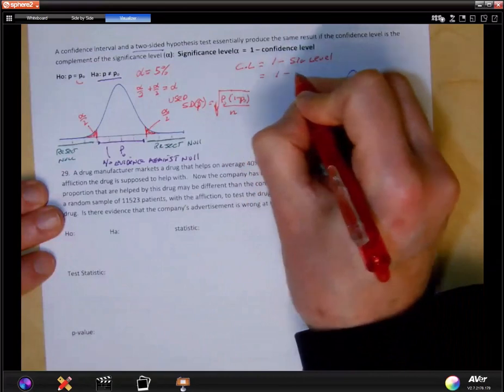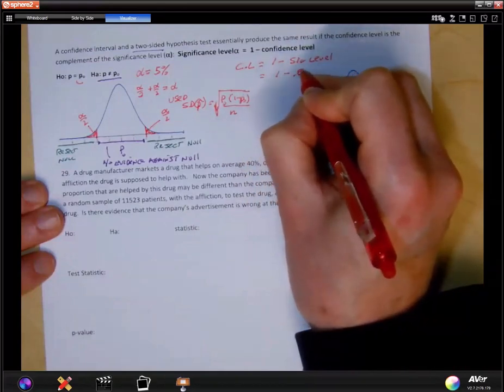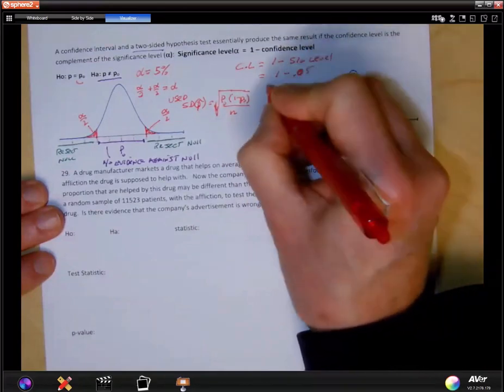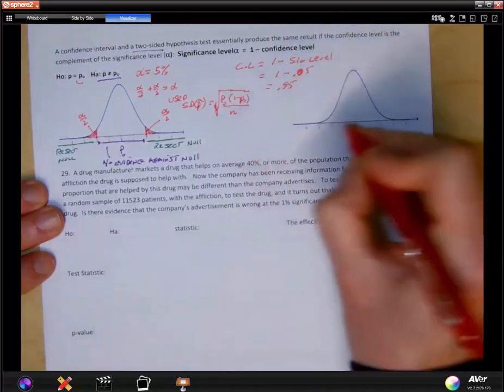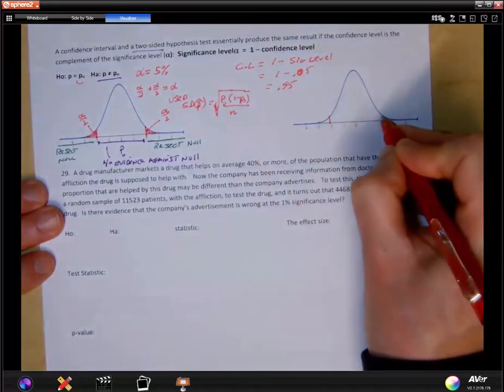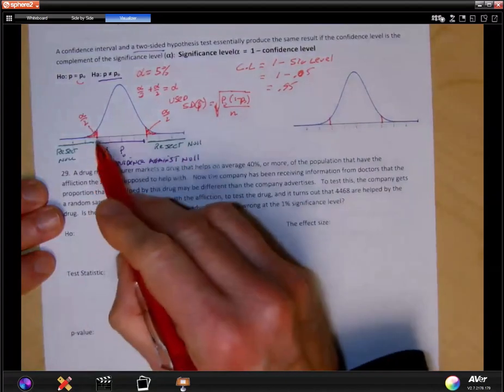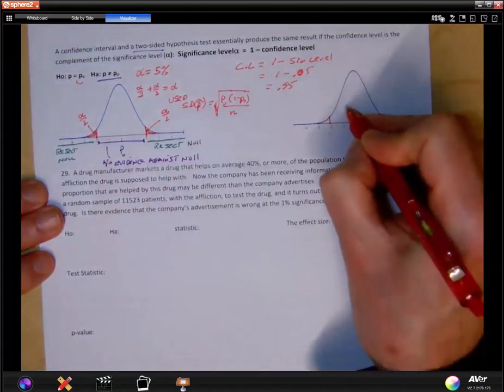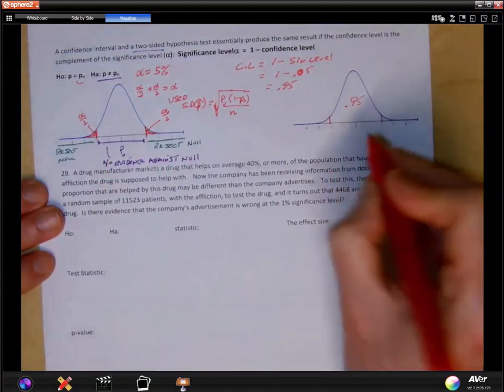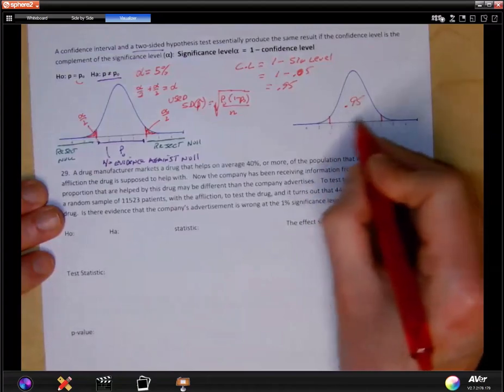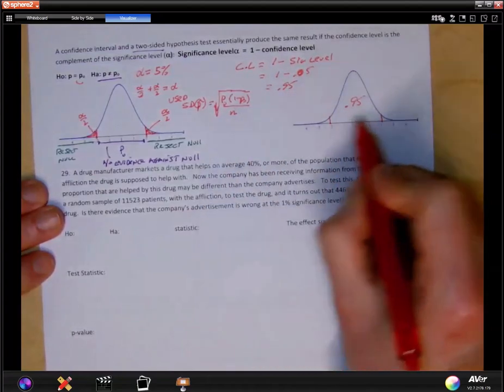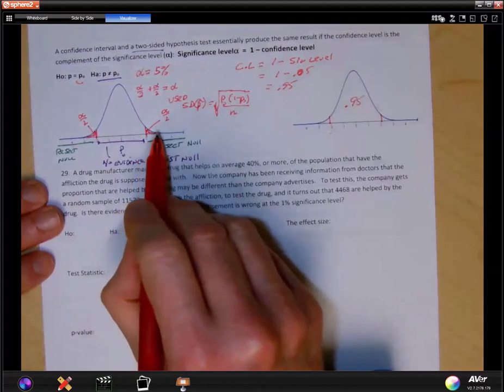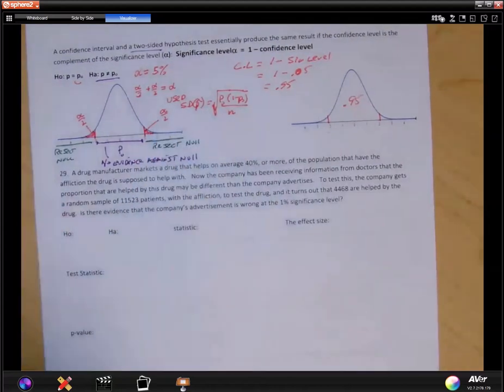In this case, 1 minus 0.05 gives me a 95% confidence level. Again, roughly speaking, you'll notice the same marks at -2 and 2, and the center now is 0.95. So the confidence interval measures the center, while the significance level measures the outside part, but it's the same locations.